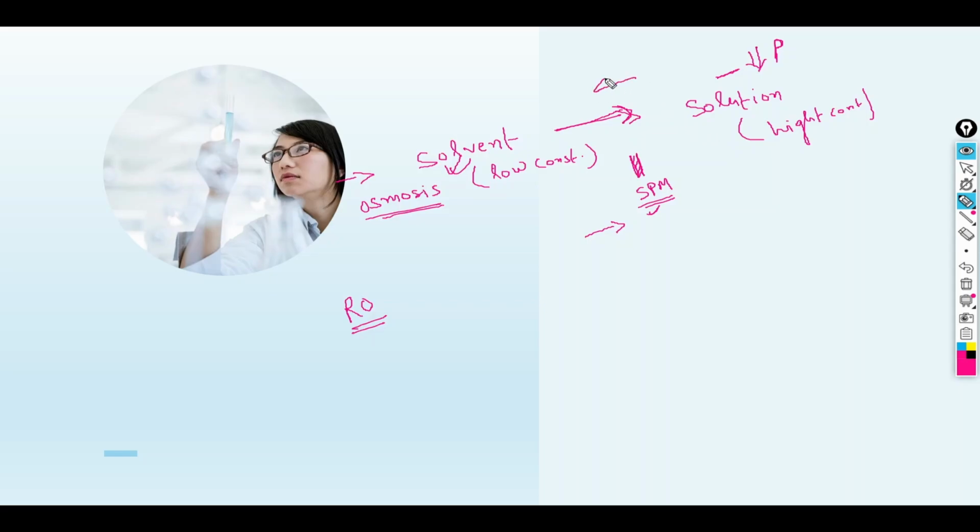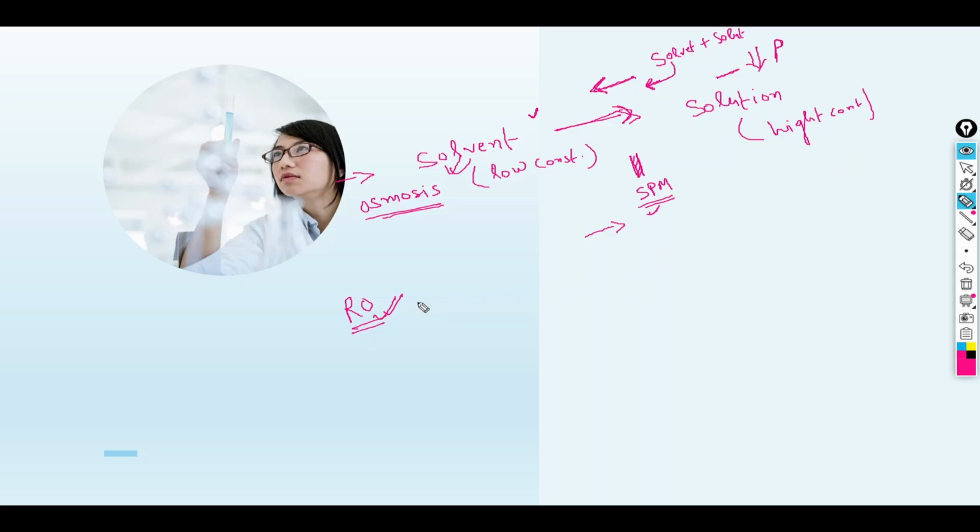Now the natural flow will be reversed. Solvent from the solution side will start moving in the opposite direction to the pure solvent side. That flow of solvent from the solution to the pure solvent side is known as reverse osmosis.